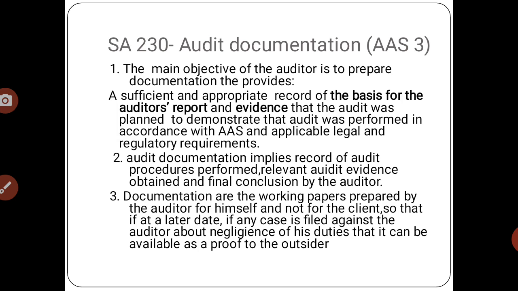When the client or any person files a complaint against the auditor about misuse of anything, he can show this documentation as proof to the client or to the court, saying that he is right because he has proof, he has the audit documentation for the particular case for which the client has applied to the court.